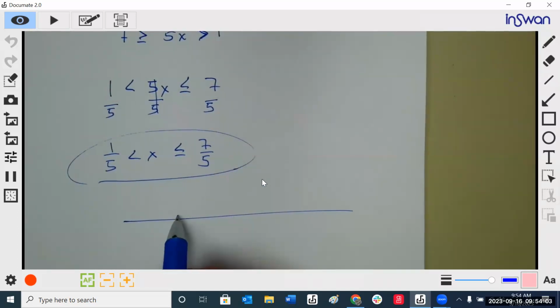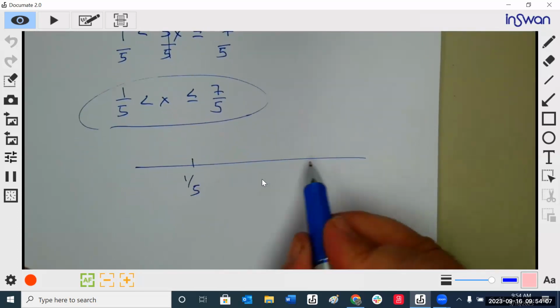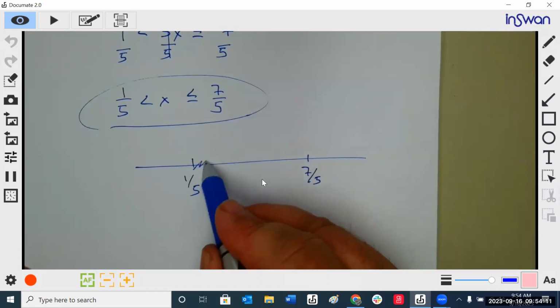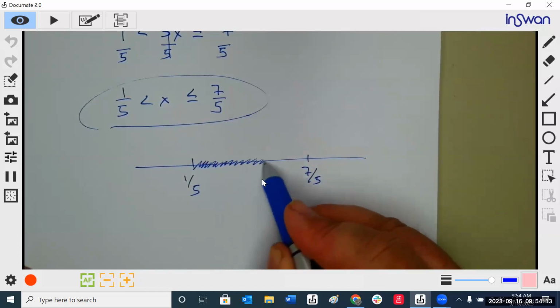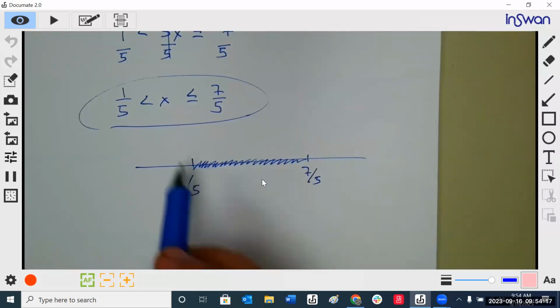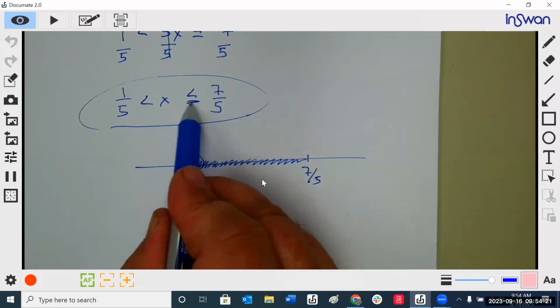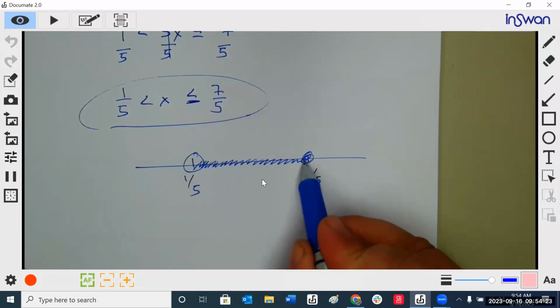The graph would give me 1/5 and 7/5. X is between there. That one's an open circle. This one's got a line, so it's a closed circle.